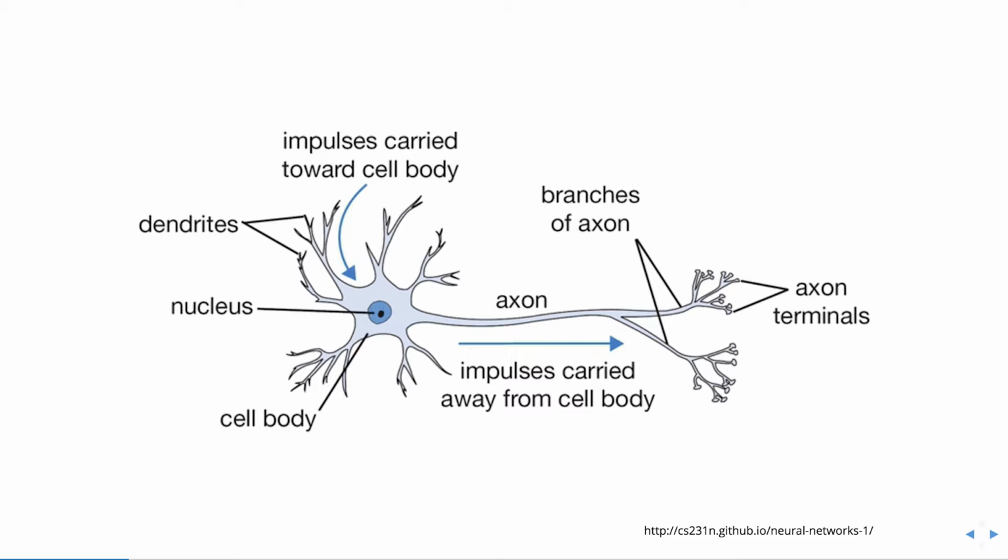Then the cell body, based on the impulses, can send through its axon, this elongated kind of arm, its own electrical impulse to other neurons connected through the terminals on the axons.